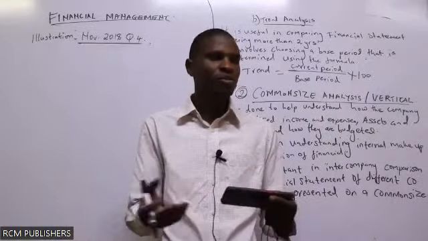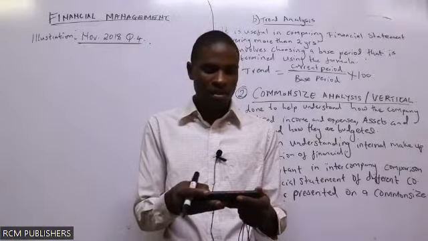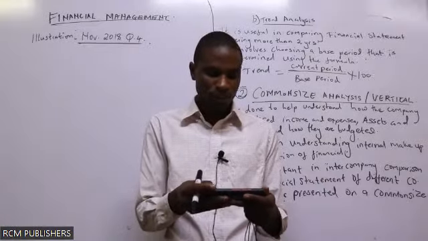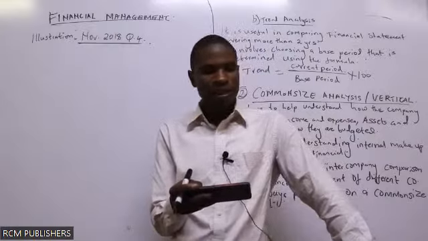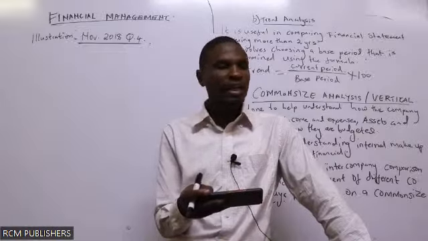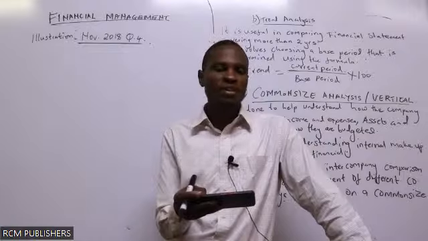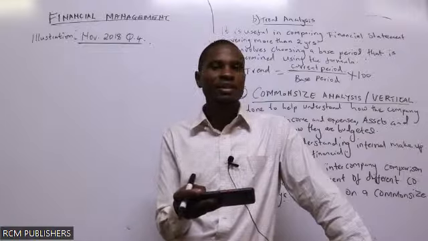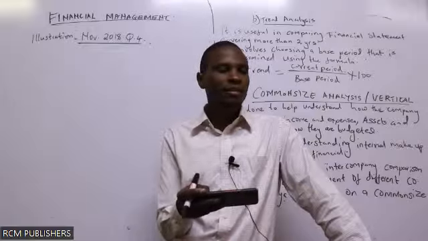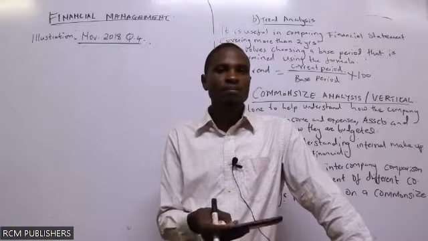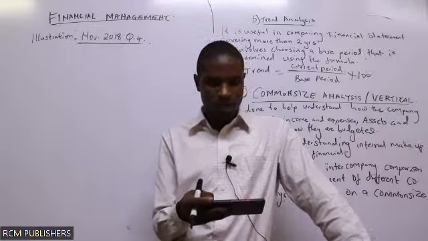Here we just need to know the base figure for the income statement and the balance sheet for each company. We are dealing with two companies, ABC and XYZ. You only need to know the base figure, and you are done. It's nothing hard. What will be our base figure, class?